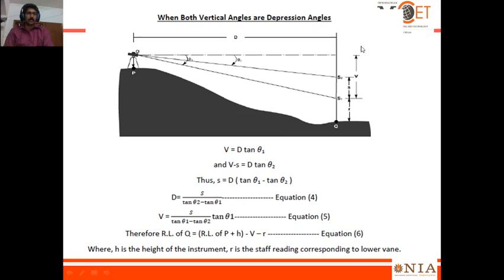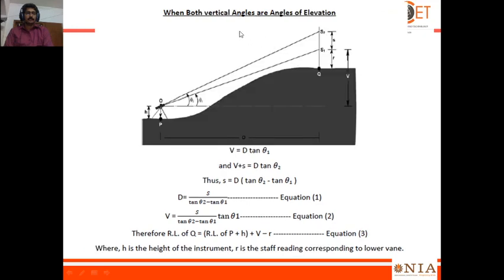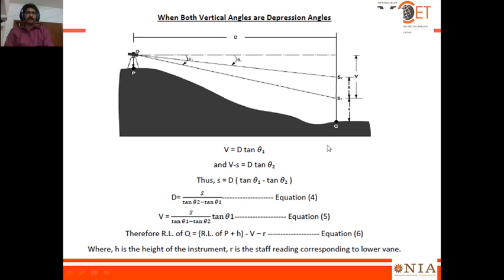From the horizontal line of sight to the S1 is denoted by V, and S2 minus S1 is the S. This is fixed by ourselves, right? From the bottom of the staff to the bottom intercept is denoted by R, and here theta 1 will be greater than theta 2. Here theta 1 will be lesser than theta 2. The difference you have to understand, right?